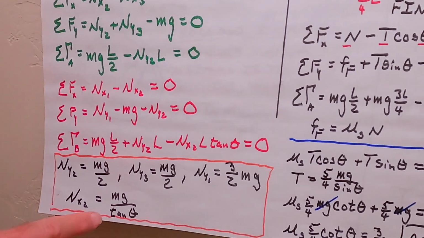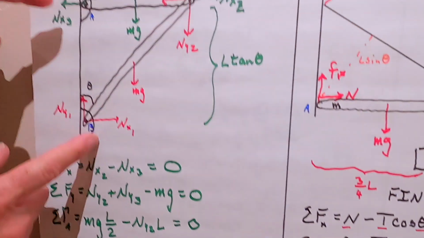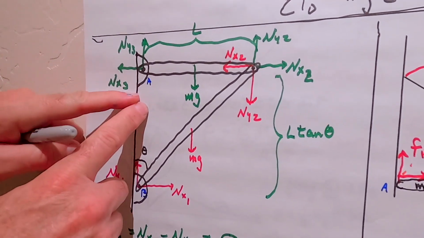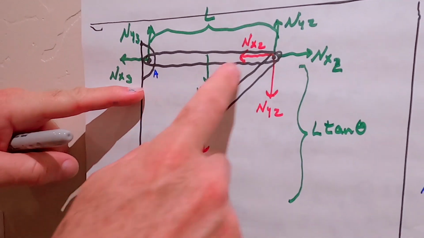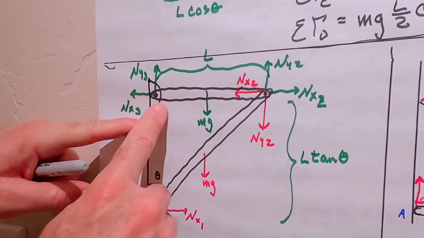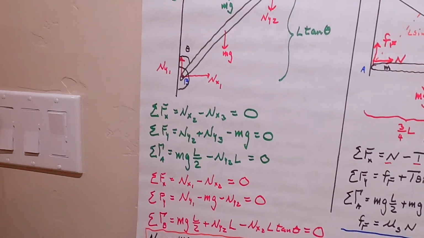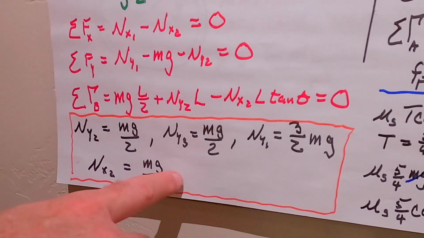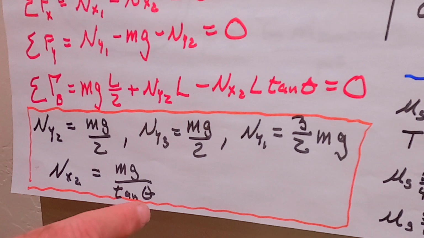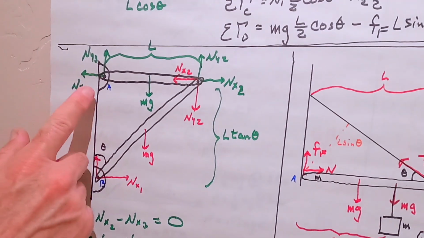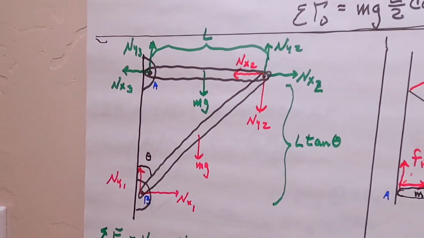You'll notice, if this thing were pivoted way up here instead of way down there, this theta would be a lot bigger. When theta gets close to 90 degrees, the tangent of 90 degrees gets really huge right here.